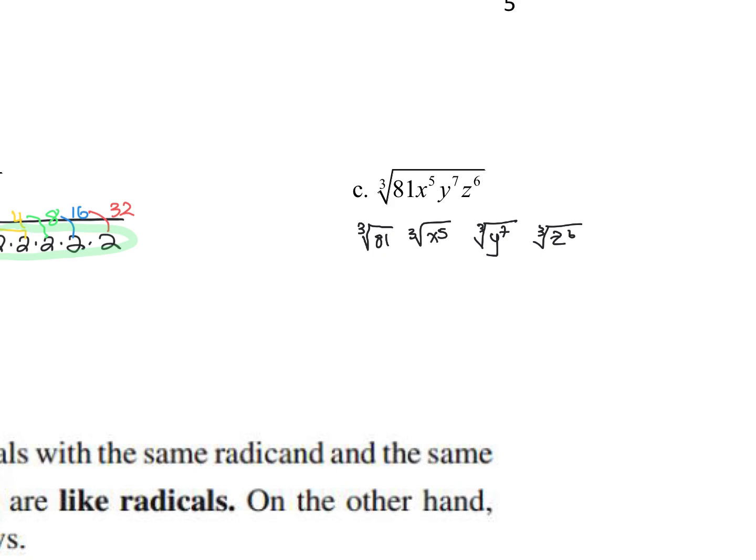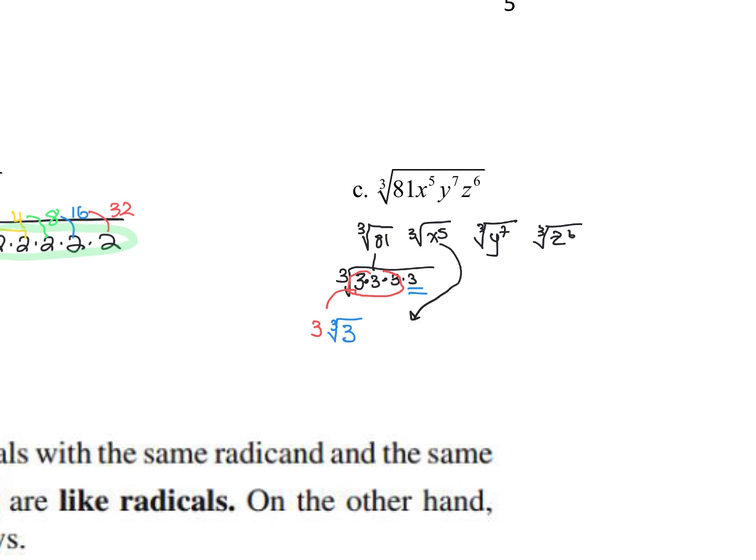Okay, cubed root of 81. Well, 81 is 3 times 3 to make a 9, times another 3 times another 3 to make the other 9. So if I cubed root this, I need to make a group of 3. I make one group of 3, so one 3 comes out, but this 3 has to stay inside the root, like this.